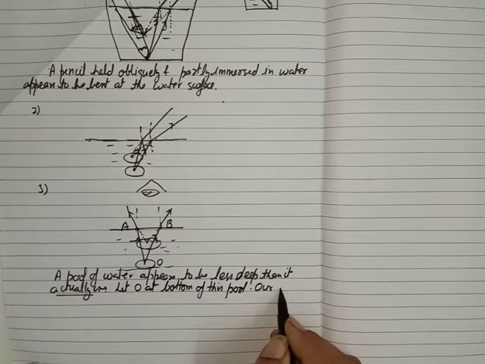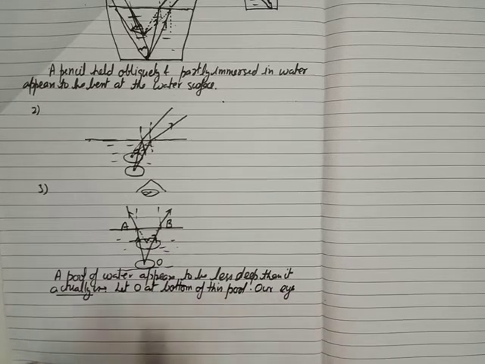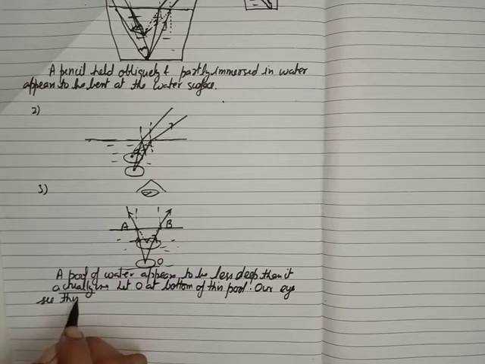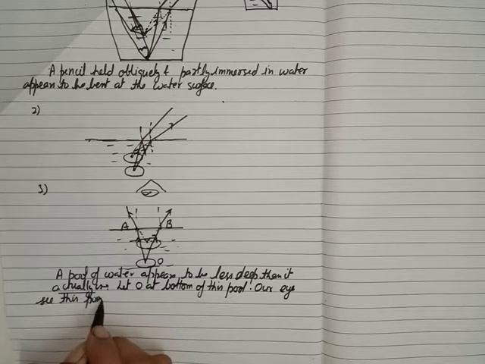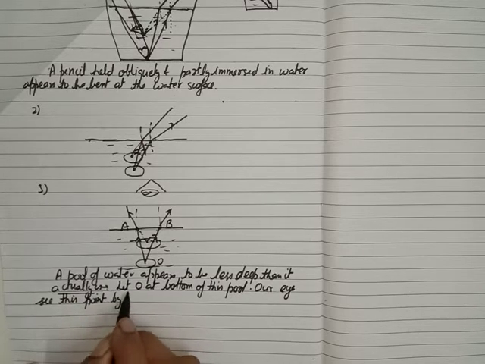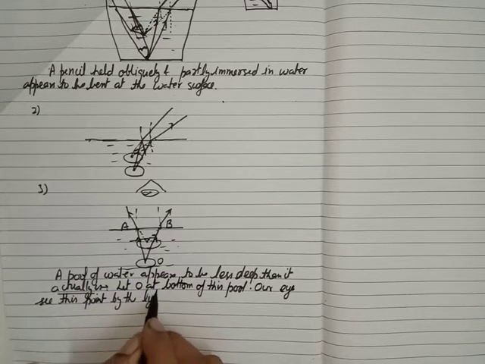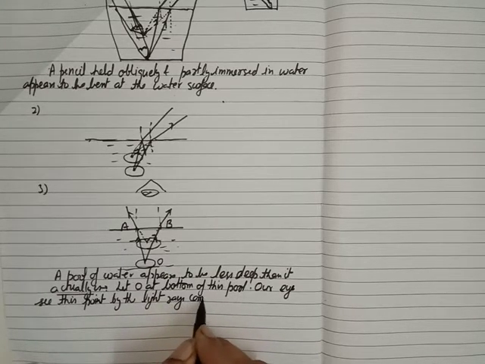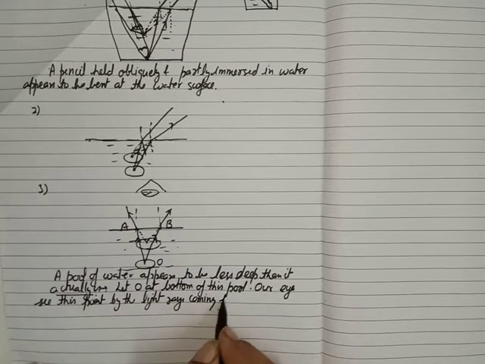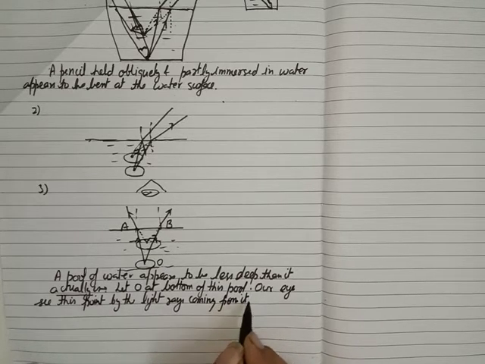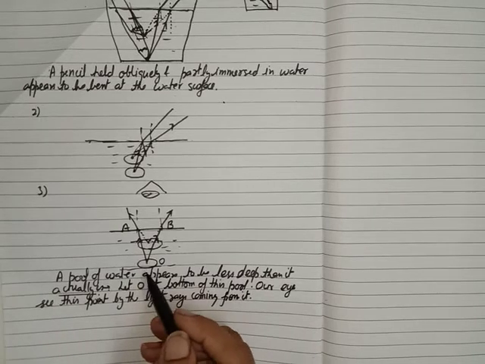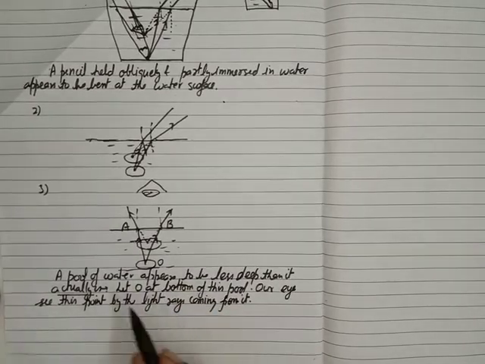Our eyes see this point by the light rays coming from it. Is it clear? We can see this object when the light coming from this object falls on our eyes, so we are able to see this object.